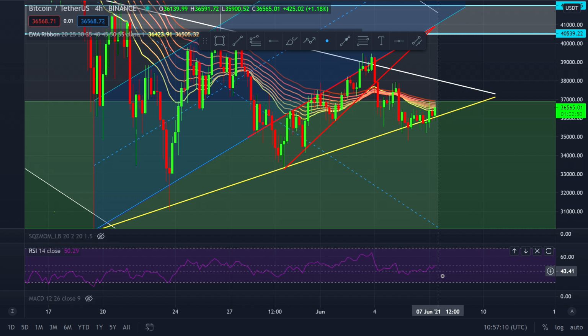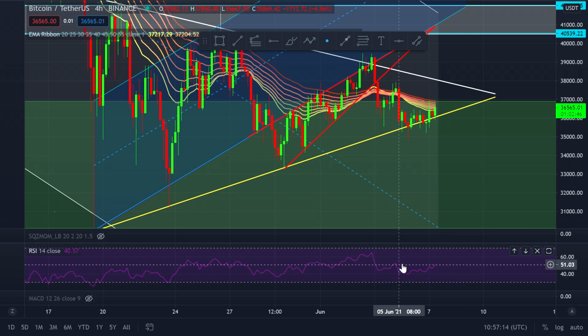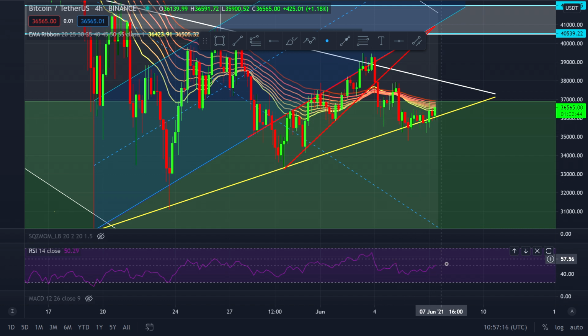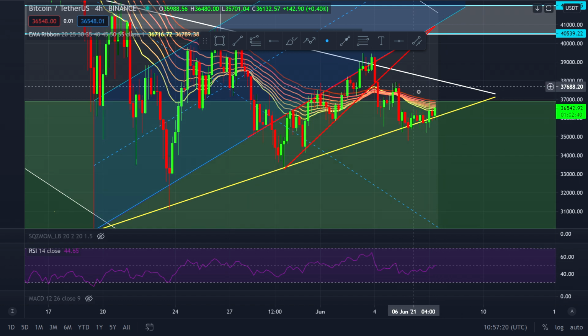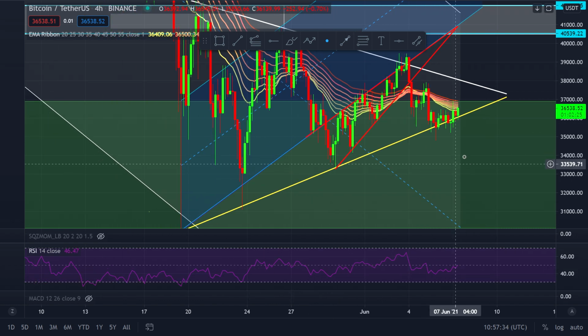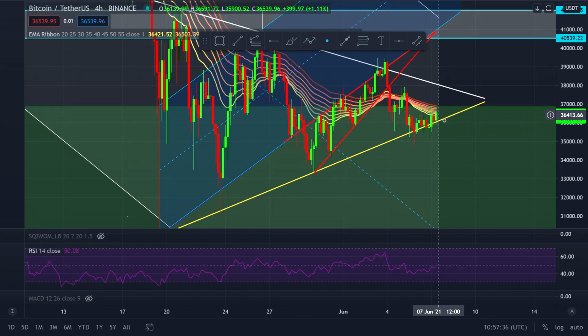So if this 4-hourly candle goes above 52 on the RSI, so maybe 55 or 56, and we stay under around 37.8, which is this high right here, or 37.5, let's say, to take an average, we'll create a hidden bearish divergence on the RSI, which basically says that we're going to keep trading on slightly downward action or sideways action.